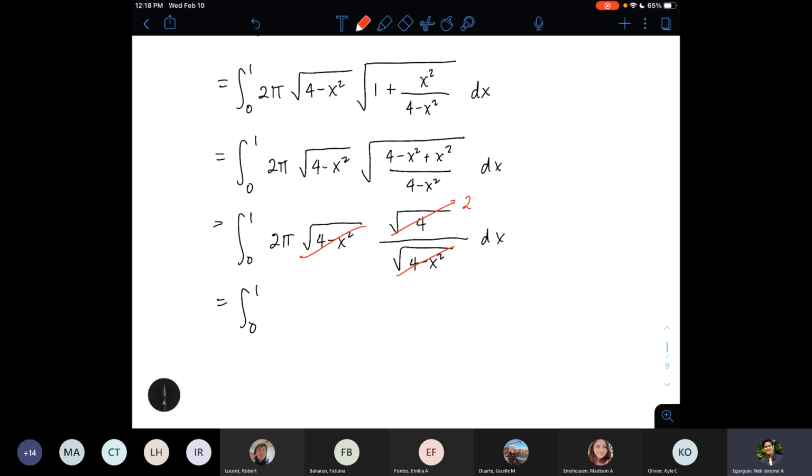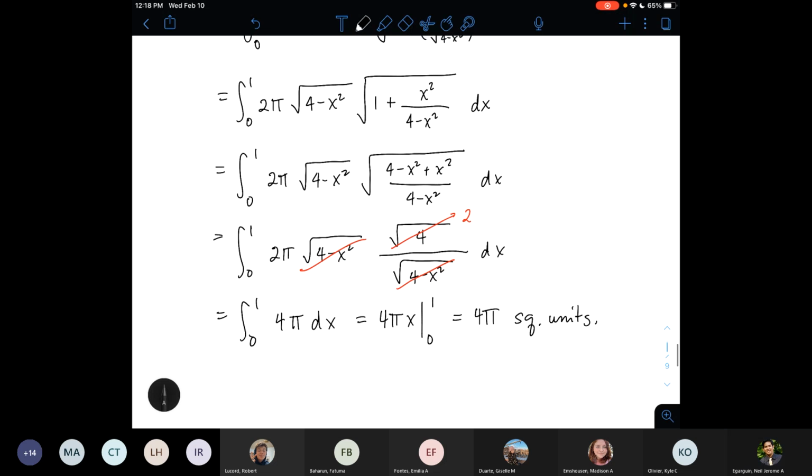And then there's a 2 outside. So that will ultimately be 4 pi dx. And then when we integrate, we get 4 pi x evaluated from 0 to 1. So the surface area is 4 pi square units. All right. Is that fine? Any questions?